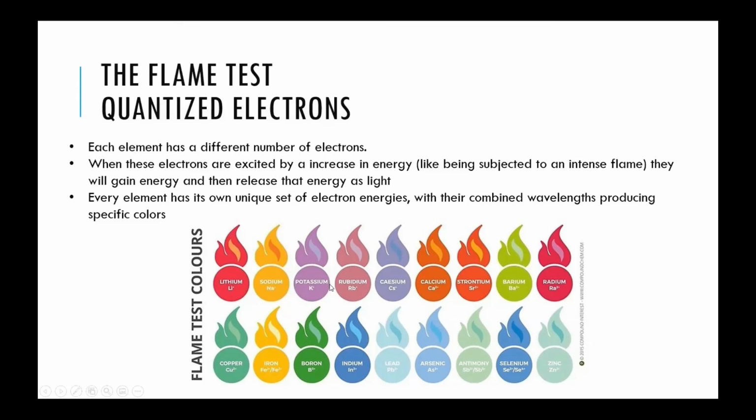Each of these different elements will produce a different colored flame when burned. If you were to separate these individual colors into each individual component, you would see the unique and specific color pattern that's used to identify actual metals in different samples.